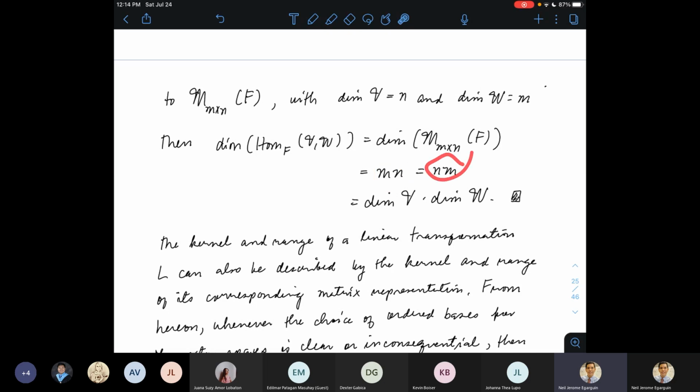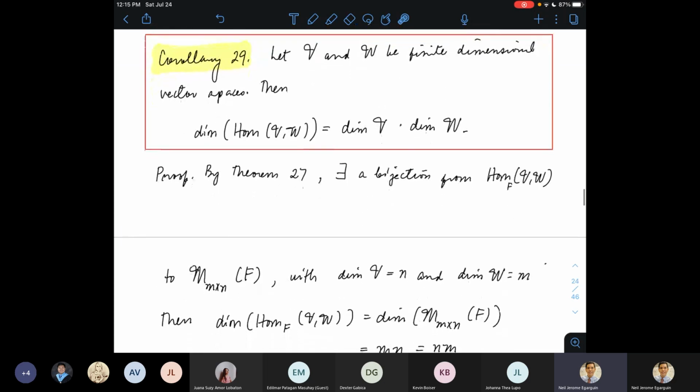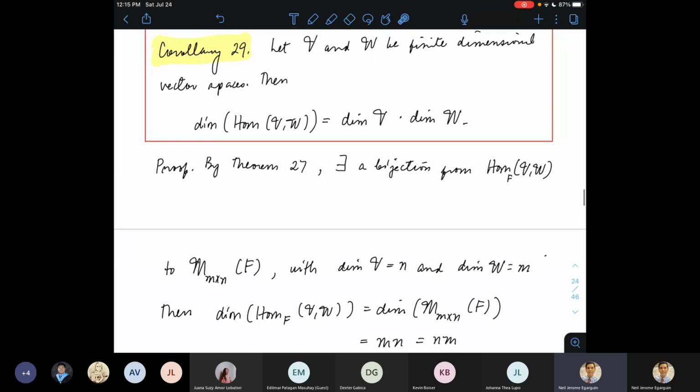Commutativity of multiplication of real numbers will give us n times m. But again, n is the dimension of V, m is the dimension of W, right? So it's a corollary which directly follows from the equivalence theorem that we had in theorem 27. Okay.